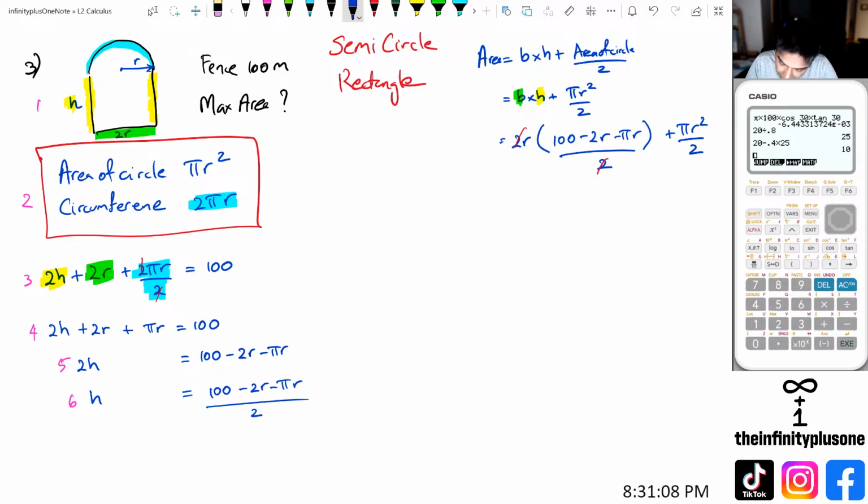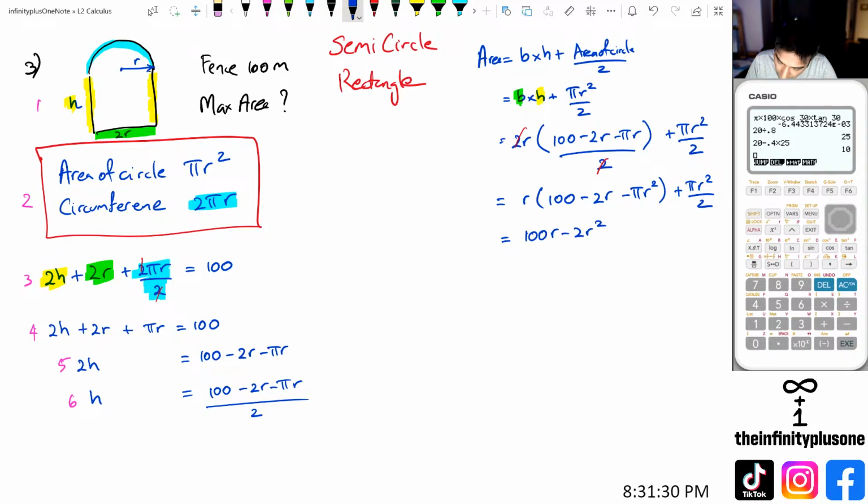Now the 2 r's cancel out and I'm left with just r times 100 minus 2r minus pi r, plus pi r squared over 2. So expand the brackets.